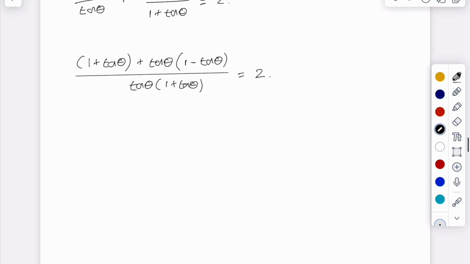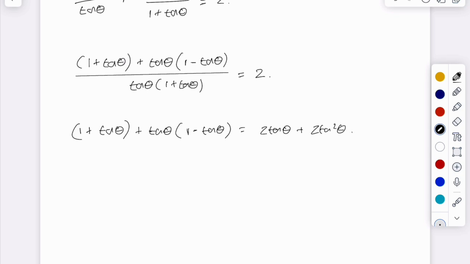And we can then multiply that across. We can say 1 plus tan theta plus tan theta 1 minus tan theta is equal to 2 tan theta plus 2 tan squared theta, sorry.